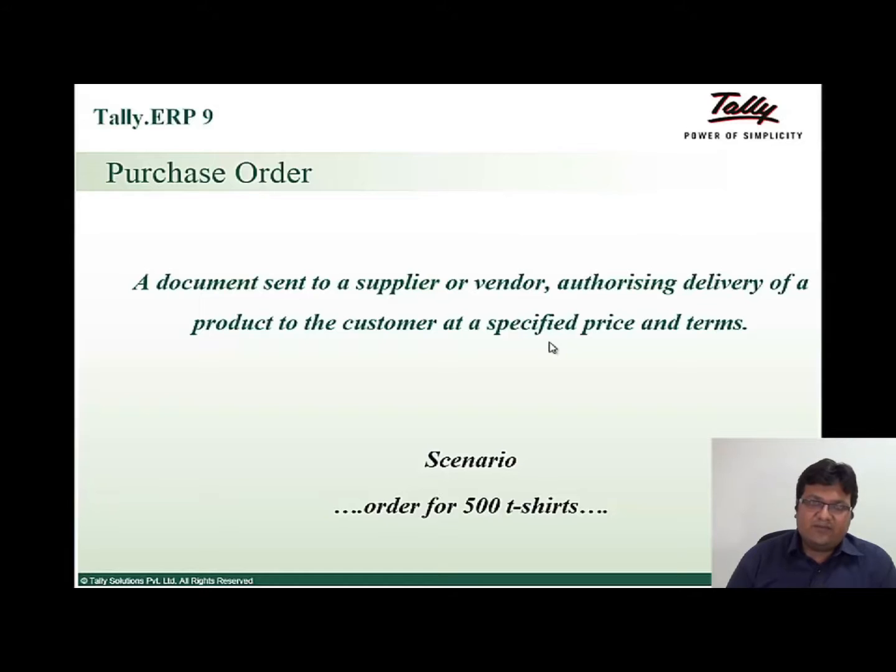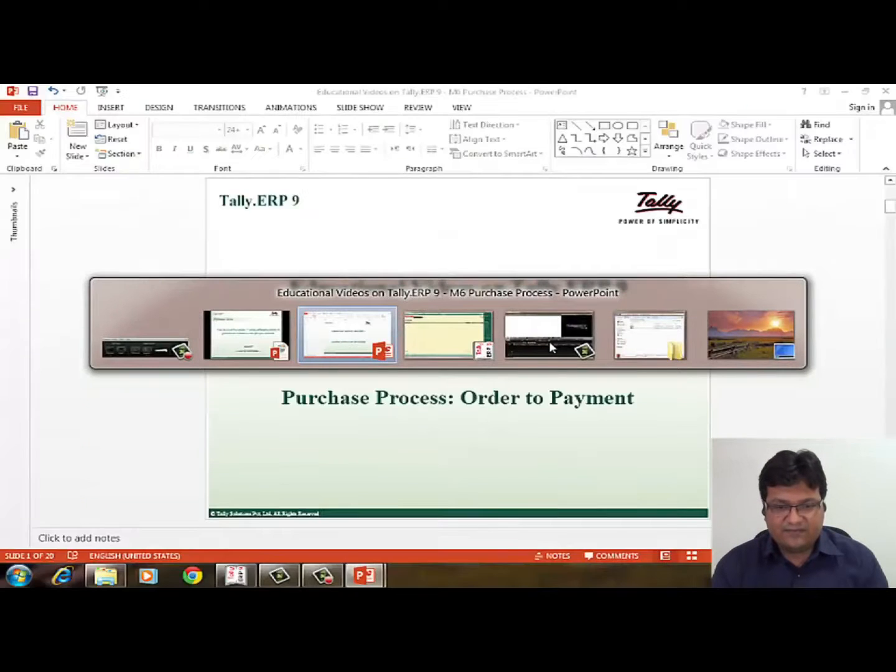In the purchase order, there are certain terms which we will agree upon as a party and as a supplier, and there will be certain price to which there will be an agreement. So in our scenario, we have discussed that we are going to place an order of 500 t-shirts. So let us see in Tally how this is achieved.